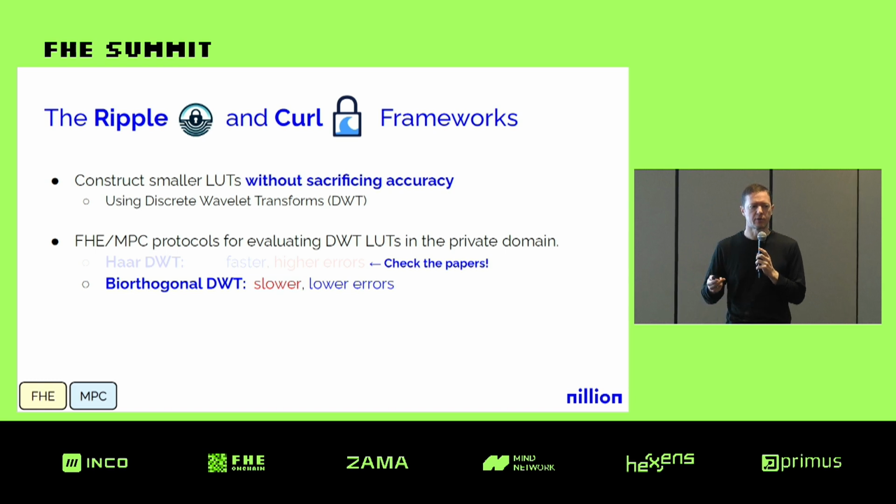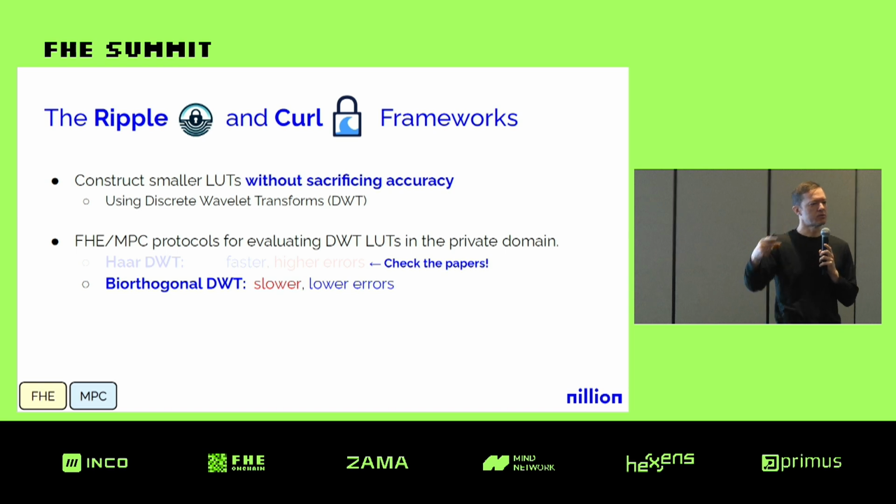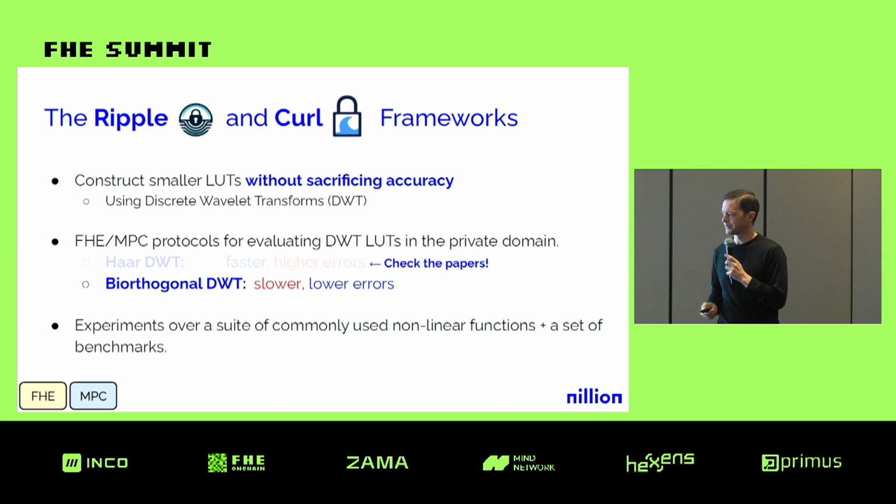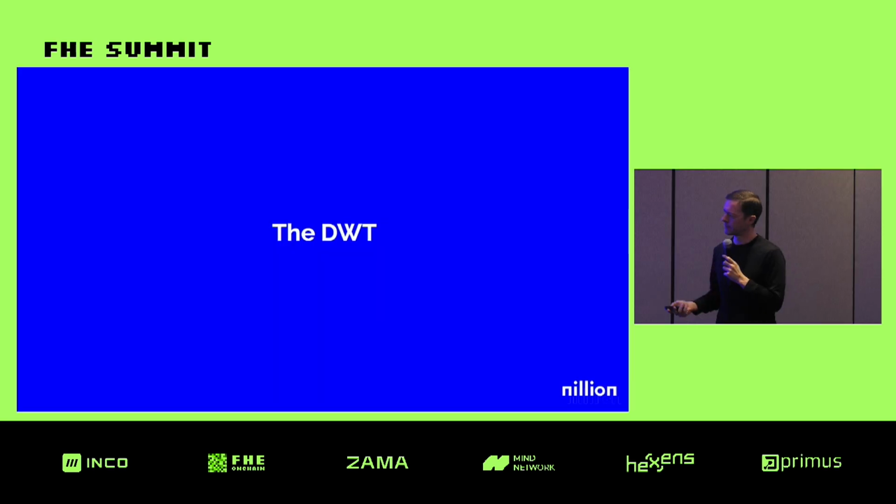We will see a little bit more of them. But in essence, they help you find different points in the trade-off space regarding whether you want to optimize for speed or for size of the lookup table. What we did in the papers is run extensive experiments across a number of typical nonlinear functions, and also compare the results to state-of-the-art solutions.